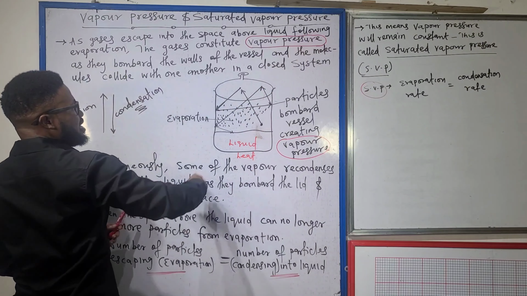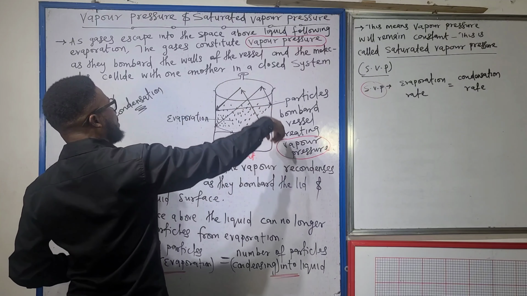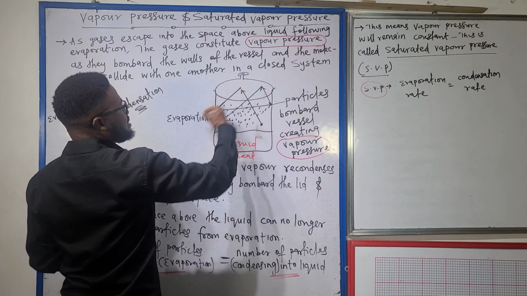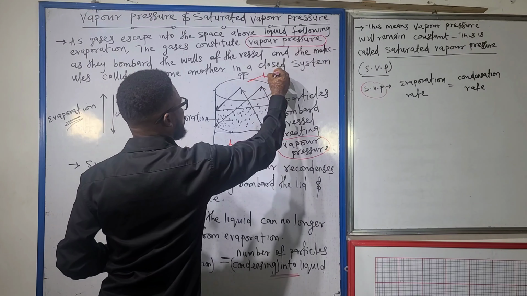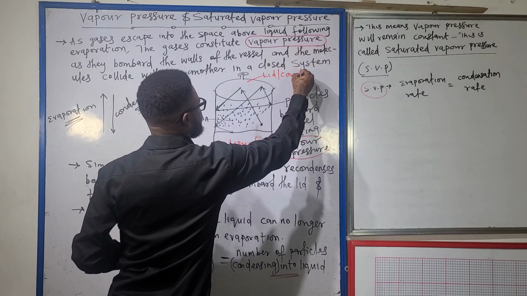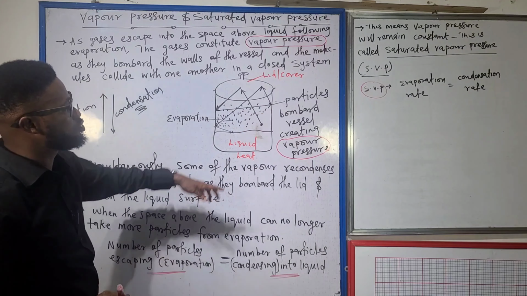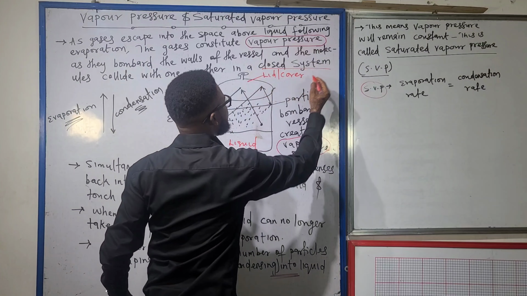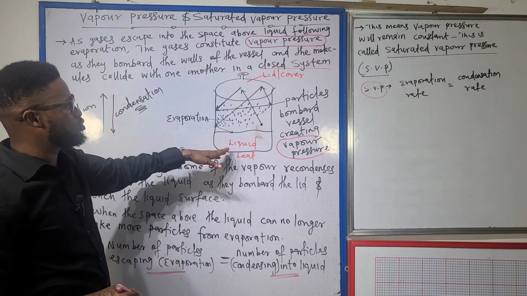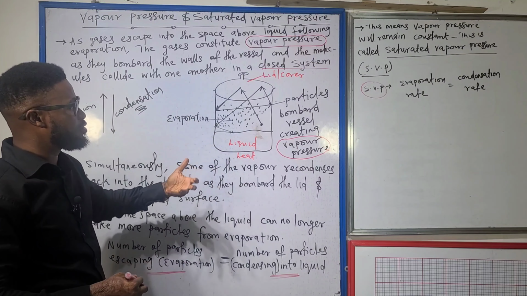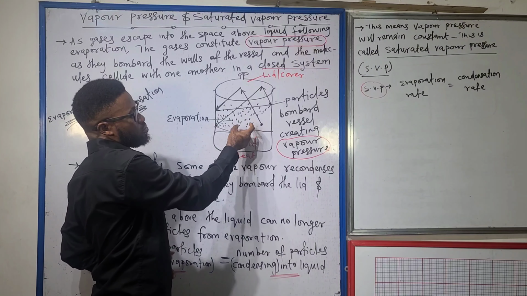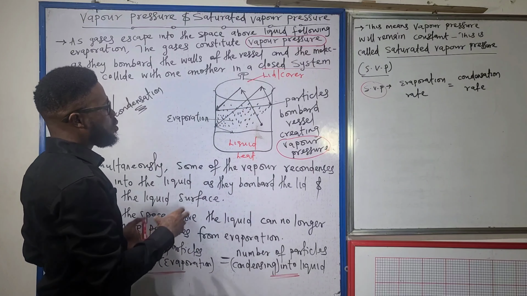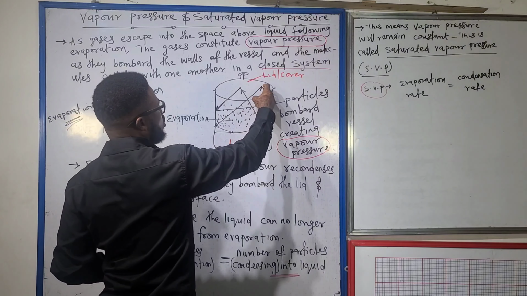What happens is that the particles of gas begin to bombard the walls of the vessel, and they begin to bombard the lid. Okay, let this be my lid or the cover. If the particles of gas are not able to escape, that's if this is happening in a closed system, when you heat, the particles of liquid acquire enough kinetic energy, evaporate, and become gas or vapor in the space above the liquid. And what they then do is begin to bombard the walls of the vessel.